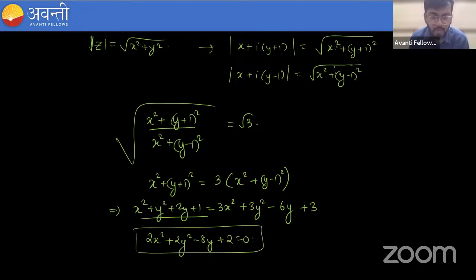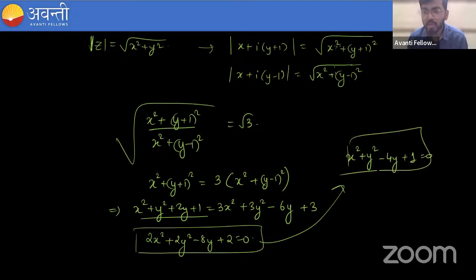So now I found out the equation of the circle. If you take 2 common, the equation of the circle will become x square plus y square minus 4y plus 1 equals 0. So if you remember the topic circles, after we found out the equation, the radius used to be under root of g square plus f square minus c.